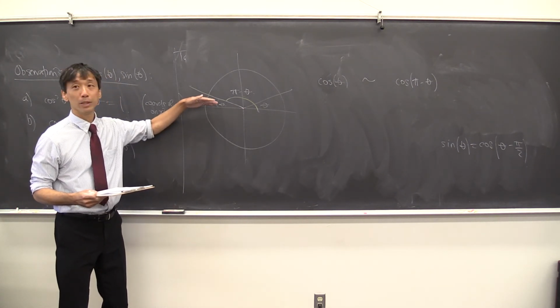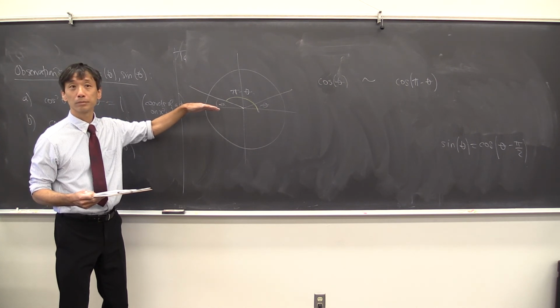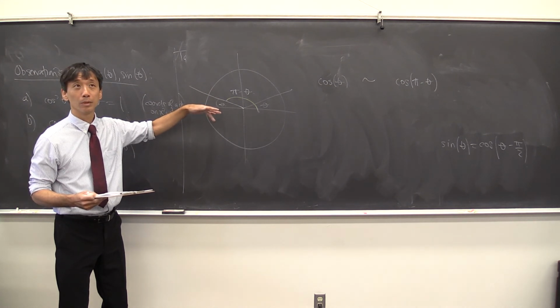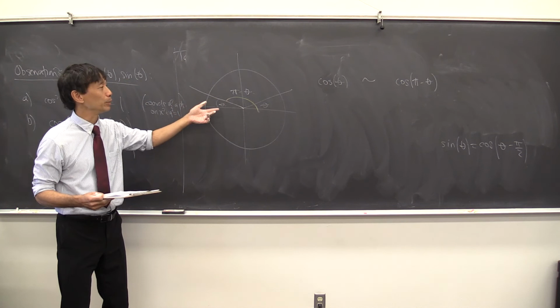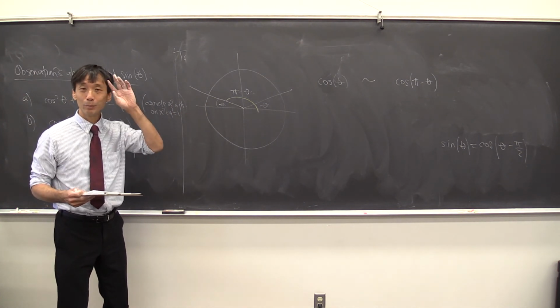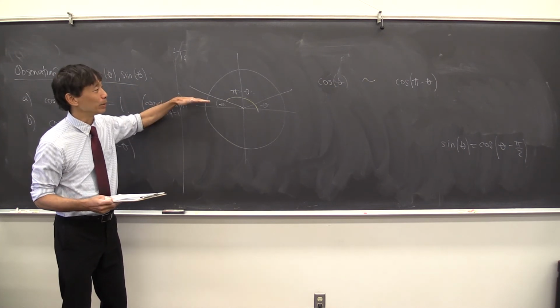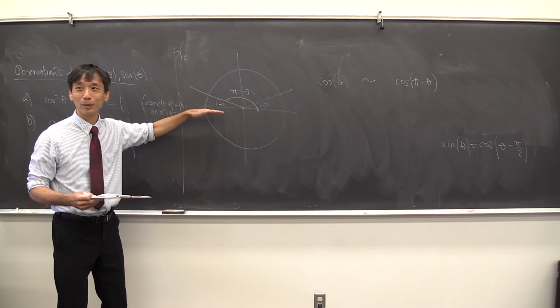What's the relation between the cosines? Or first, what's the relation between the sines? Just remember, sine is the y coordinate, cosine is the x coordinate. What's the relation between the y coordinates? It's too obvious.